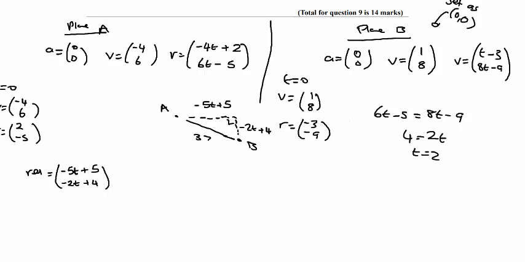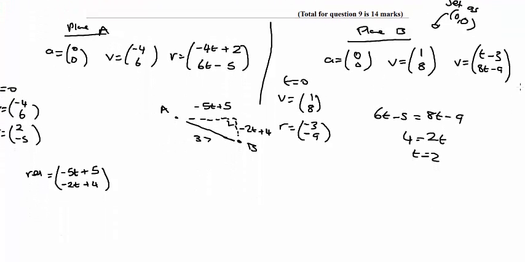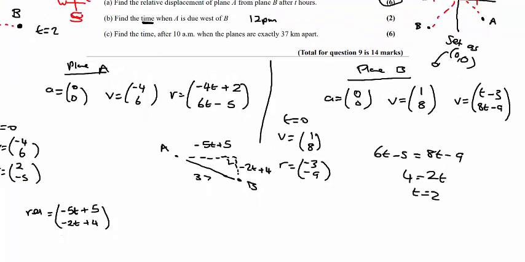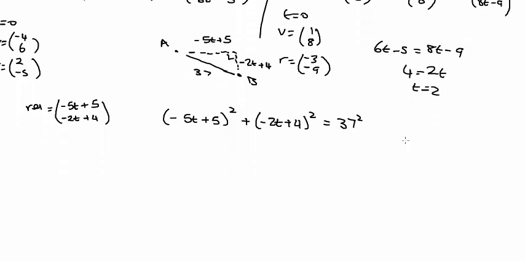So they're saying find t, the time after which it's exactly 37 kilometers apart. You're going to use Pythagoras. So you're going for when (minus 5t plus 5) squared plus (minus 2t plus 4) squared equals 37 squared. Then we're going to get a nice quadratic at the end of this.